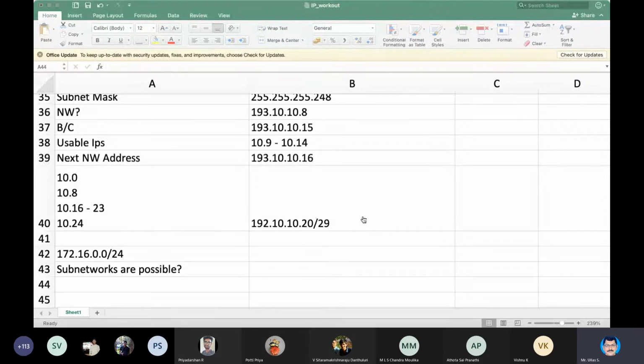Just logging in and vanishing is not a good idea here. Charita. Charita.